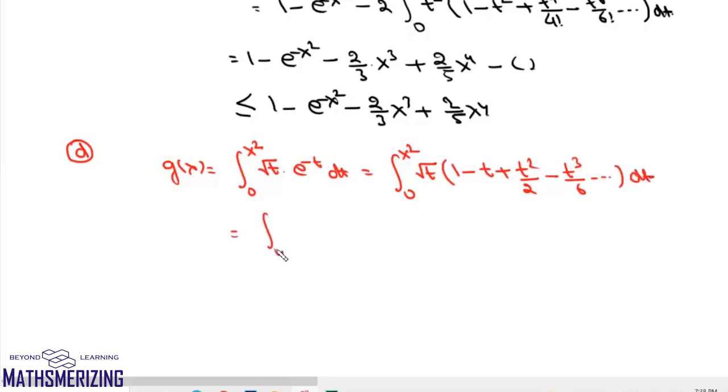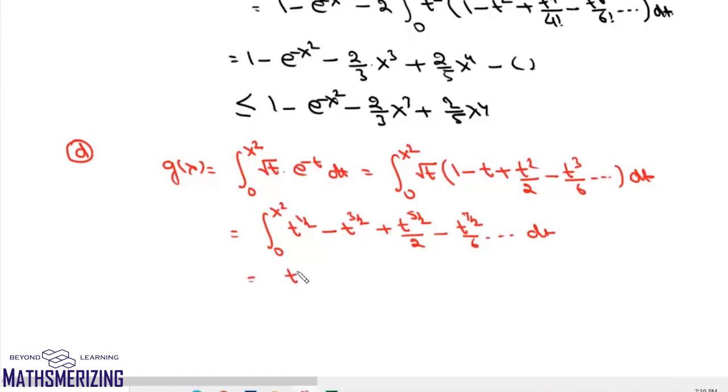So it will be this integral from 0 to x square of t to the power 1 by 2 minus t to the power 3 by 2 plus t to the power 5 by 2 upon 2, and then minus t to the power 7 by 2 upon 6, and so on, dt.